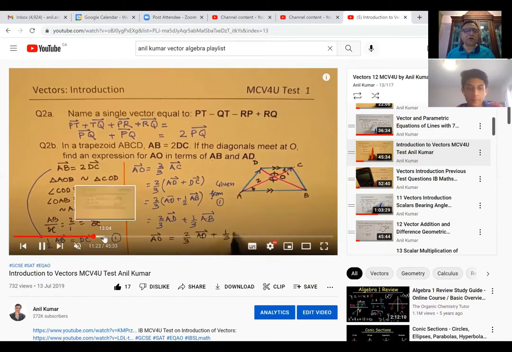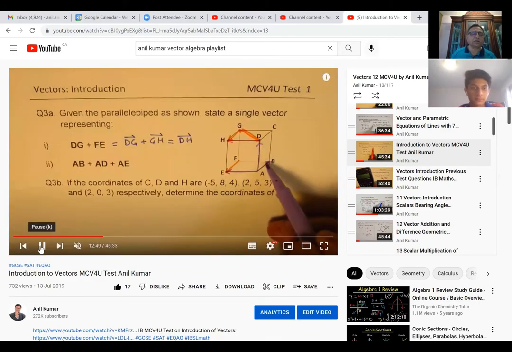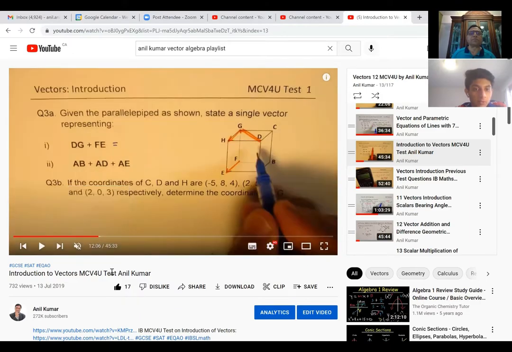Fine. So now let's move on to question number 3. Can you please read the question and answer? Yes, sir. Given the parallelepiped shown, state a single vector representing DG plus FB and AB plus AD plus AE. Correct. So go from D to G, that is DG, and then F to E. So FE is parallel to GH.